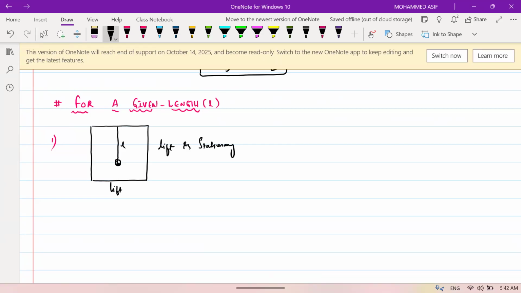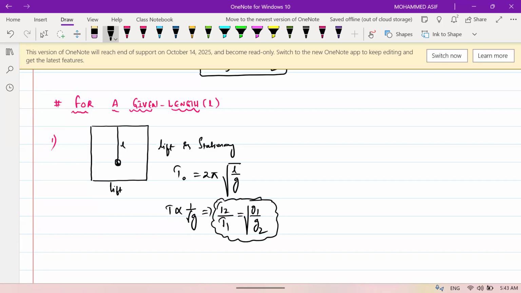So there is no acceleration. So at that time, the time period will be T naught is equal to 2 pi under root of L divided by g. So T is inversely proportional to root of your g. So from this one, I can write T2 divided by T1 will be equal to under root of g1 divided by g2, inversely proportional.